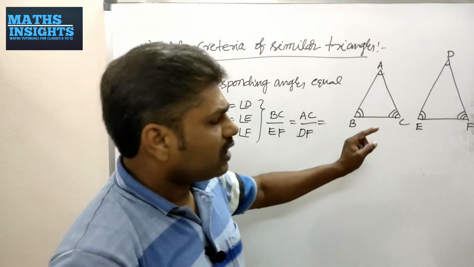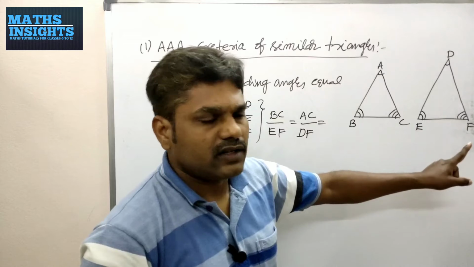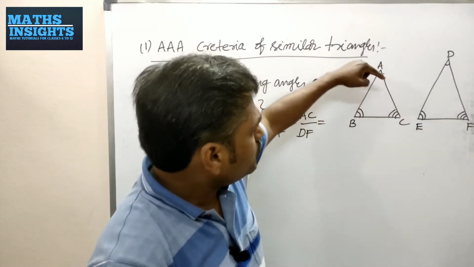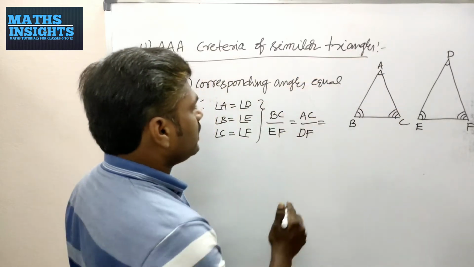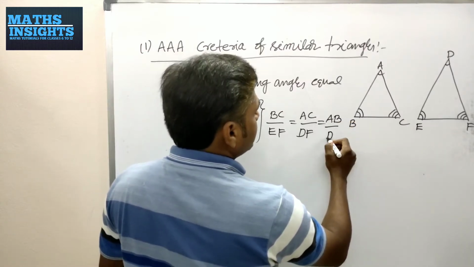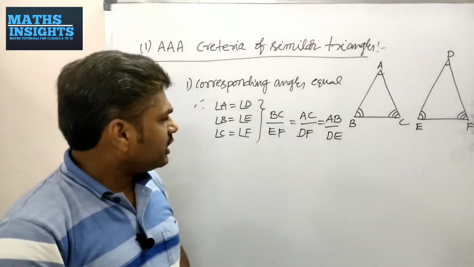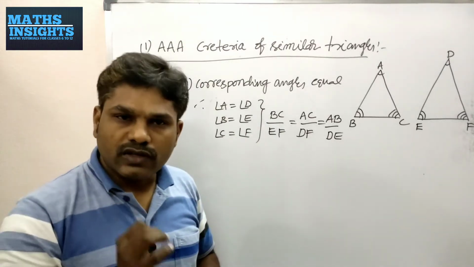Finally, you have another pair of equal angles, angle C and angle F. The sides opposite to them are AB and, here, DE. Then we get that the ratio of corresponding sides is also equal.